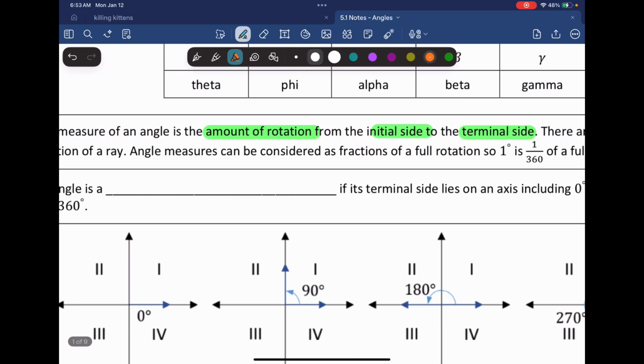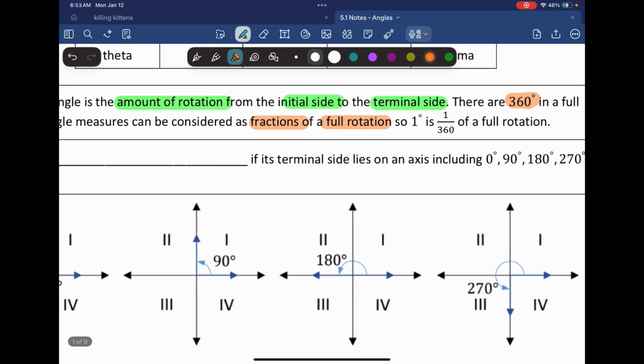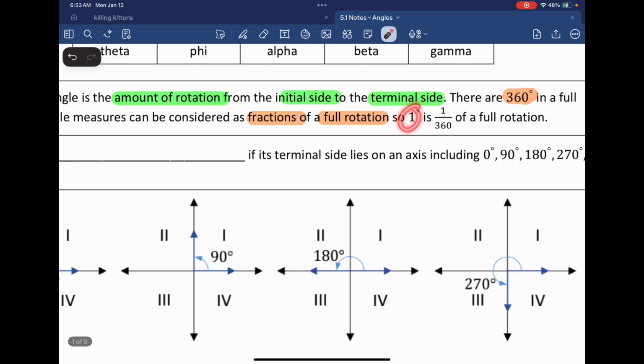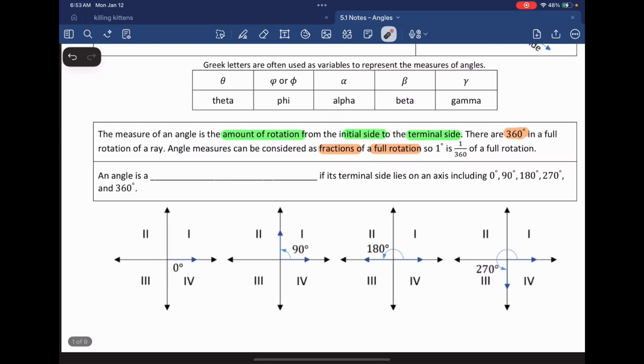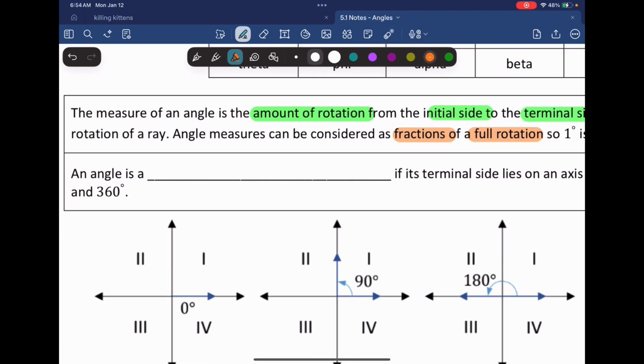Angle measures are considered fractions of a full rotation. So that means 1 degree is 1/360th of a full rotation. We'll talk about these fraction pieces, and that's how angles are measured. It's a fraction of the whole. So whether it's degrees, 1 out of 360, or when we get to radians, 1 out of 2 pi.